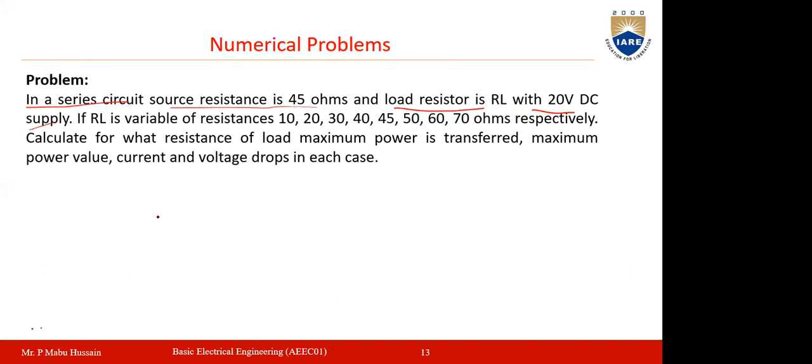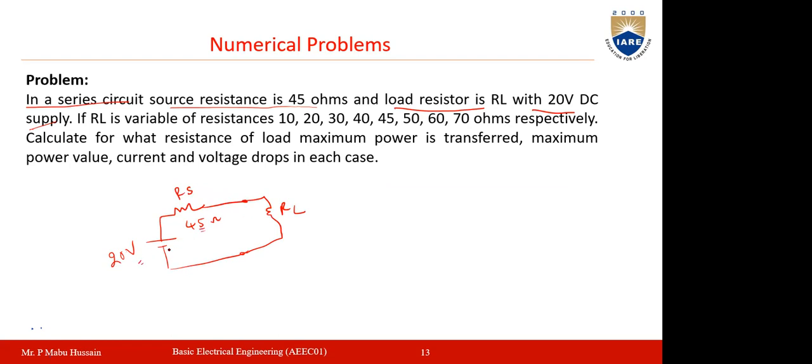You have a series circuit in which a 20 volts DC supply is connected with some source resistance RS, whose value is 45 ohms, and load resistance RL. So this is the circuit given here. RS value is 45 ohms and the source value is also given.